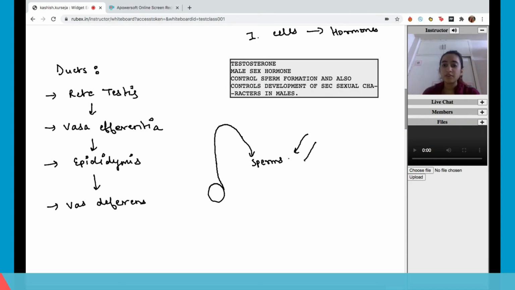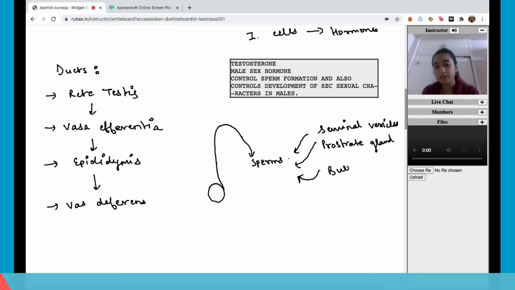There the sperm received secretions from 3 glands, if you may remember. We saw above, it received secretions from seminal vesicles, from the prostate gland, and finally from the bulbourethral gland. What are these secretions rich in?